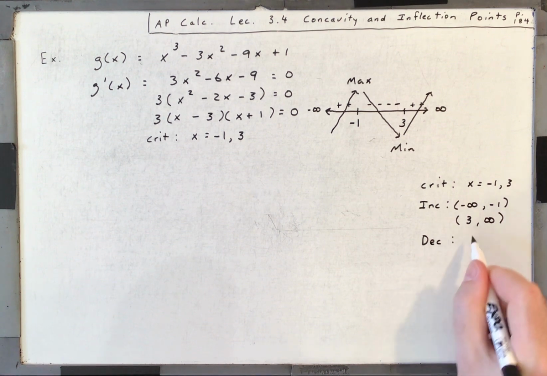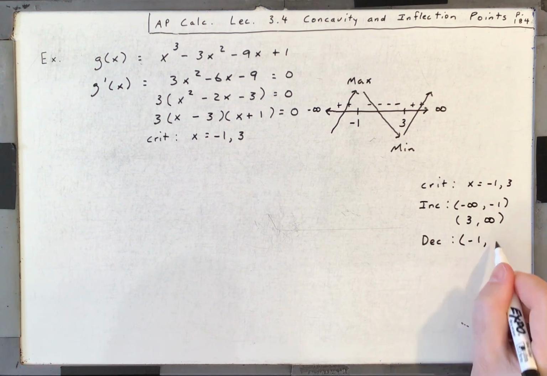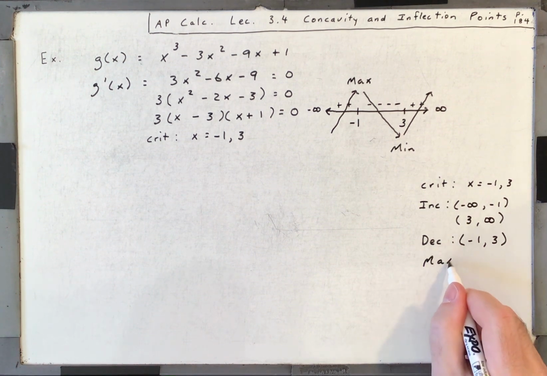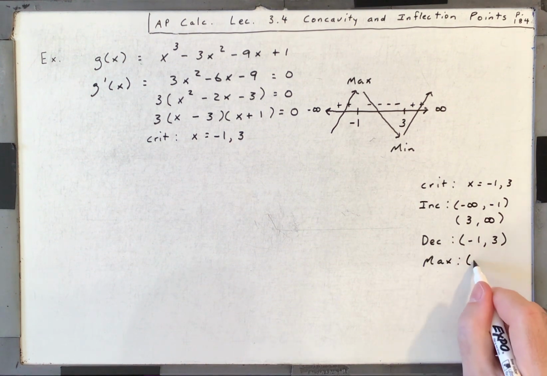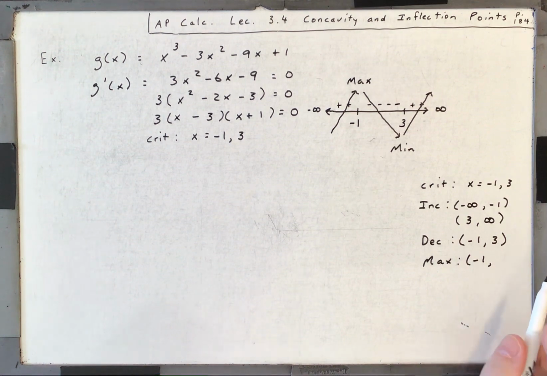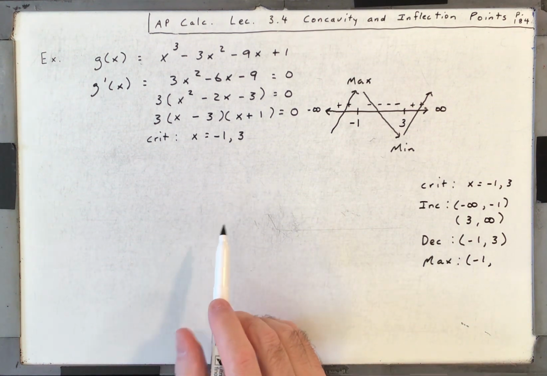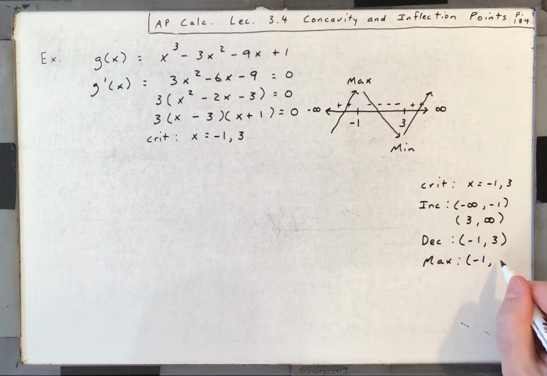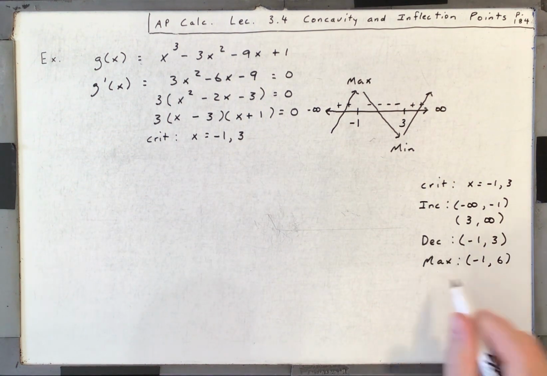We were decreasing from -1 to 3. We have a maximum at -1, and how do I get the y value? Do I plug it back into the derivative? No, you have to plug it back into the original equation. That maximum is -1, 6.